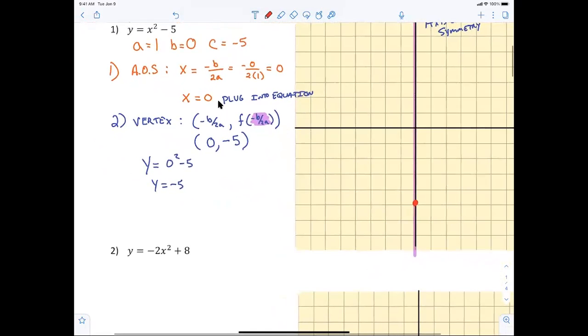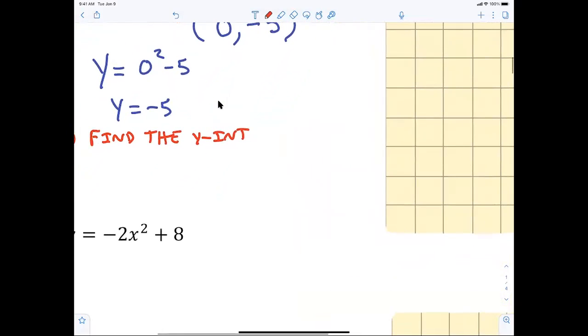Now, step number 3 is to find the Y-intercept. And the Y-intercept is real easy. It's just 0, c.